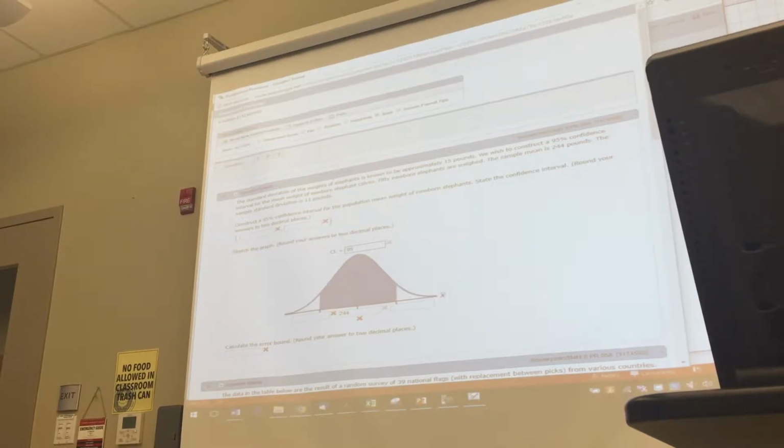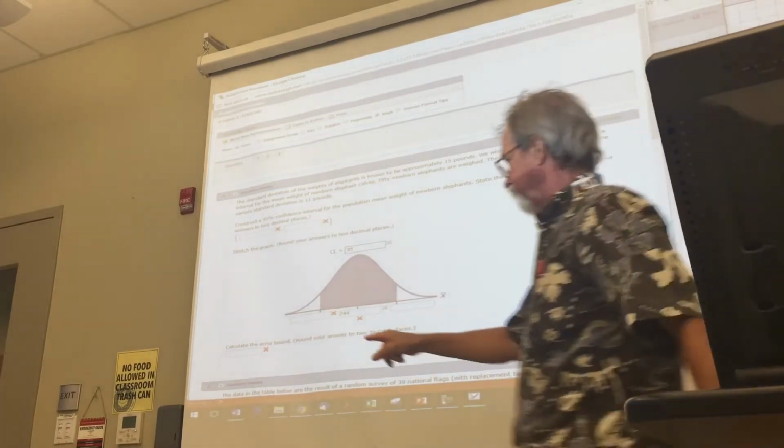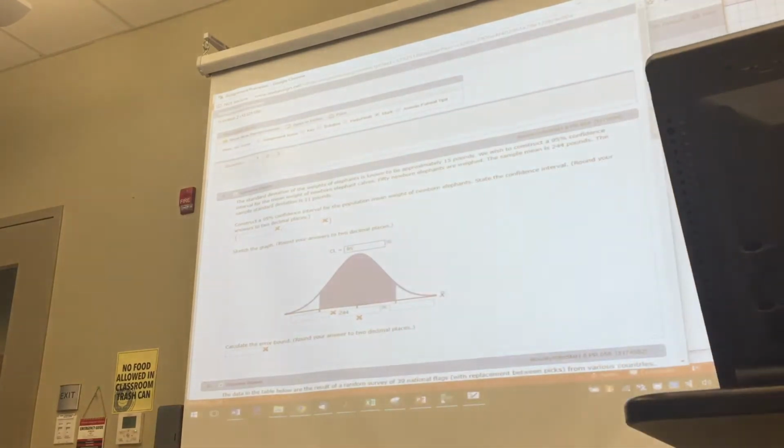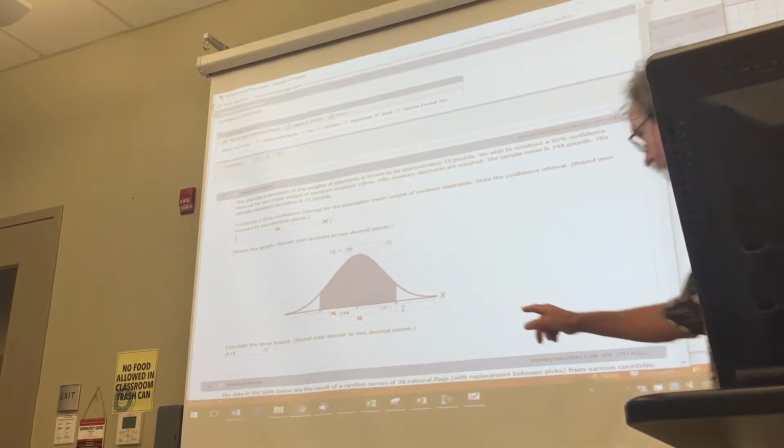So my error bound margin is what we just calculated, 4.16. Now, how do I get this number?